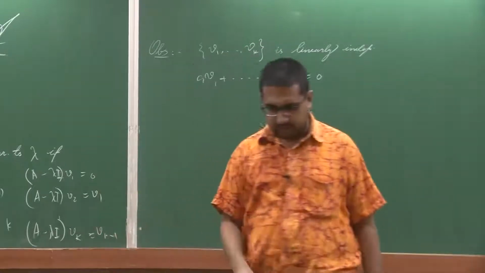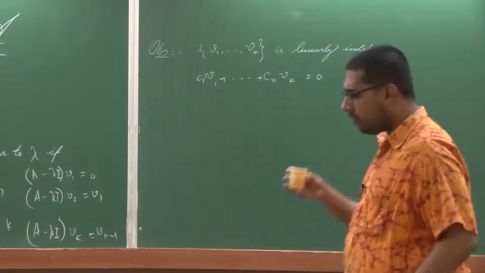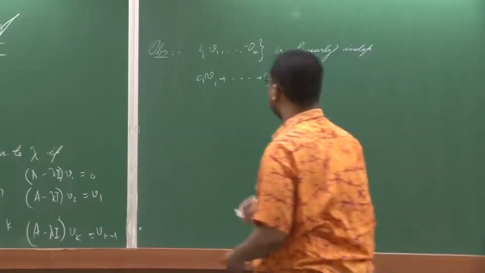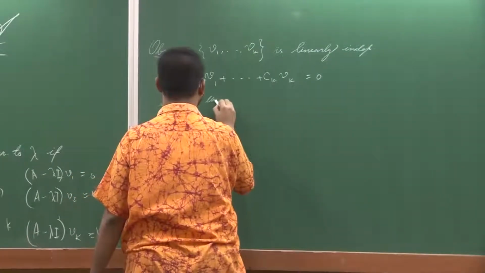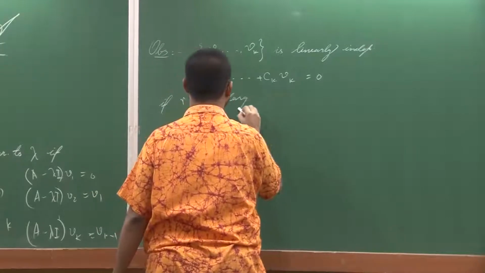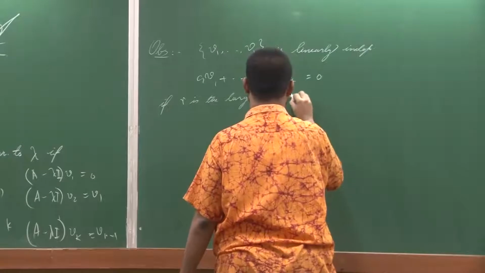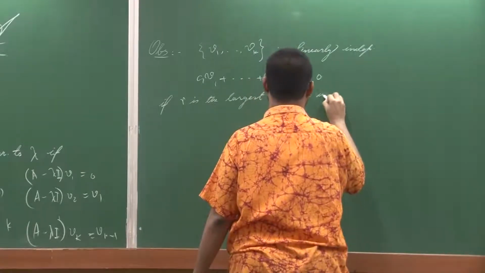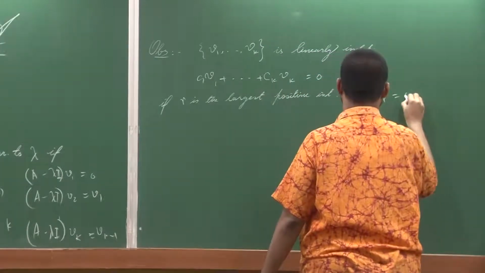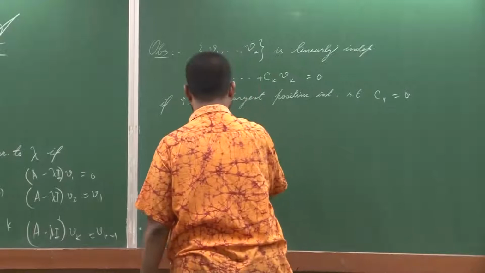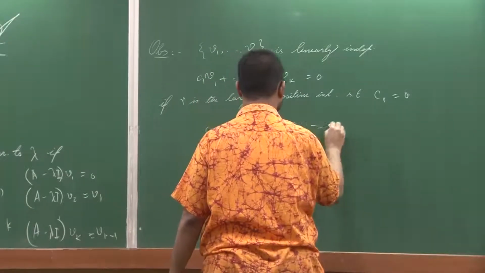Remember how the operator A minus lambda I acts on these. If r is the largest positive integer such that c_r is non-zero, then we do have, since other coefficients are already 0, c_r v_r is 0.